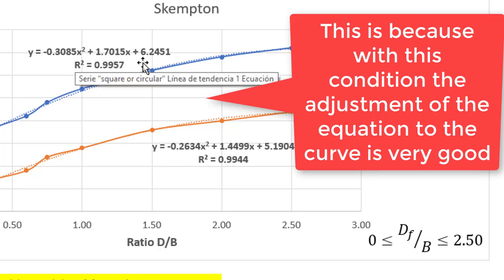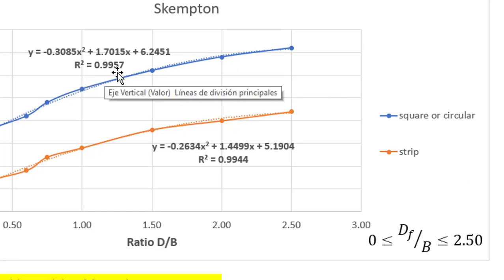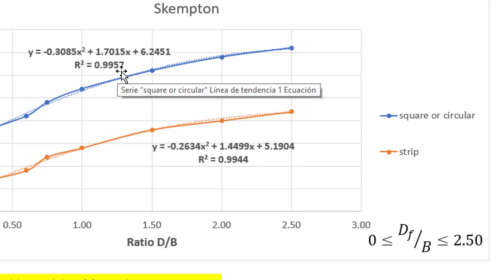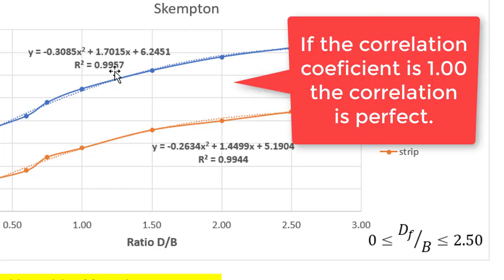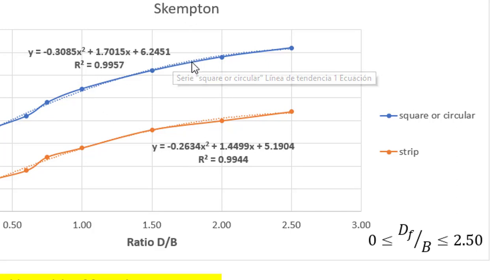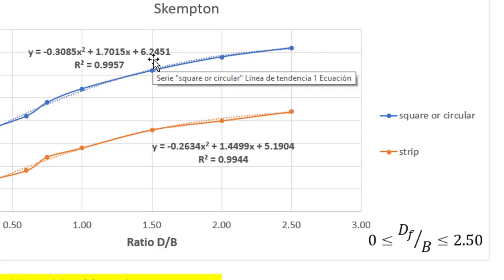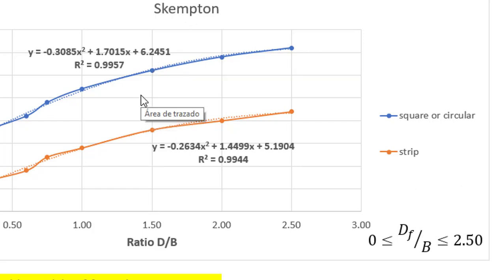These equations represent the curve with a correlation coefficient pretty close to 1 to indicate a very good correlation. With these equations, we can get any value of NC bearing capacity factor.